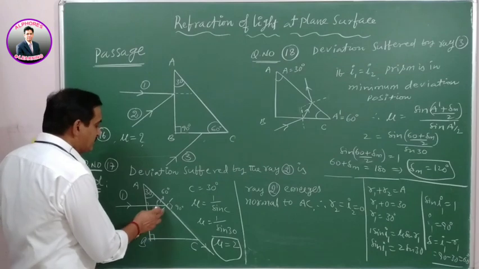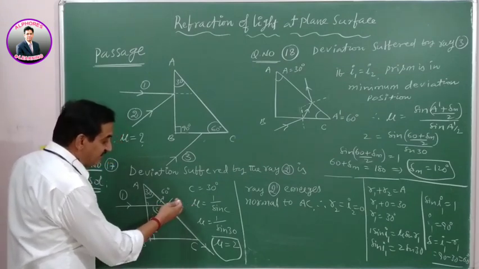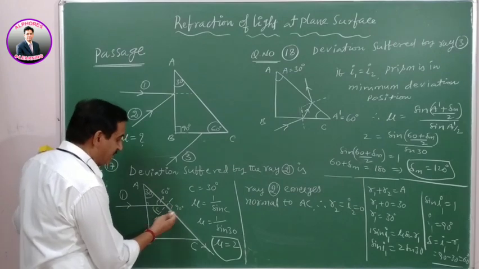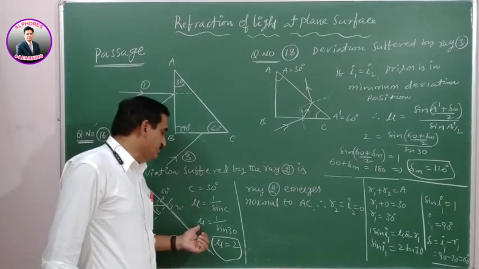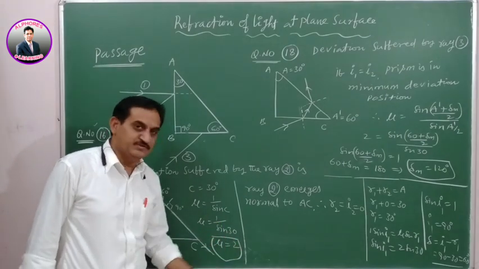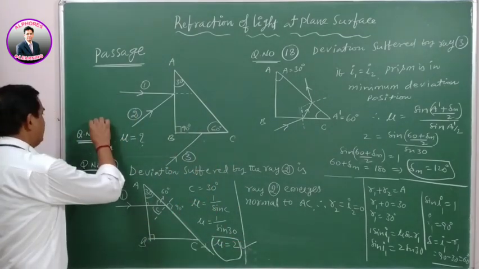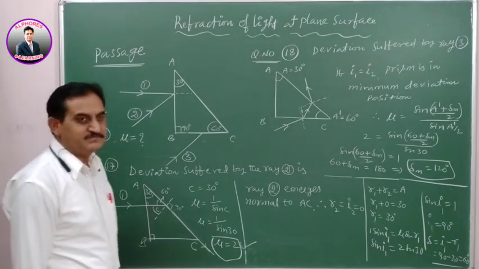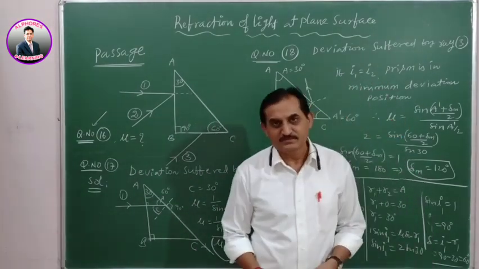Therefore, using Snell's law and the critical condition, mu is equal to 1 by sin C. Yes, mu is equal to 1 by sin 30 degree, and simplifying, mu is equal to 2. So this is the answer for the first question, the refractive index of the material of the prism.